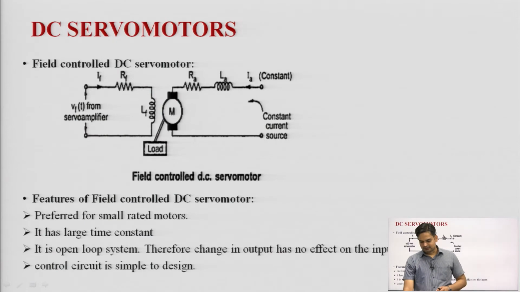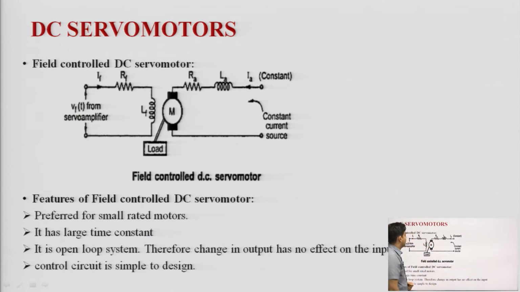Okay. So, in the DC servo motor, if we represent the equivalent circuit diagram, the field winding has a certain resistance given by Rf, and a certain impedance in terms of inductance given by Lf, written as L subscript f, and the current across it is If.